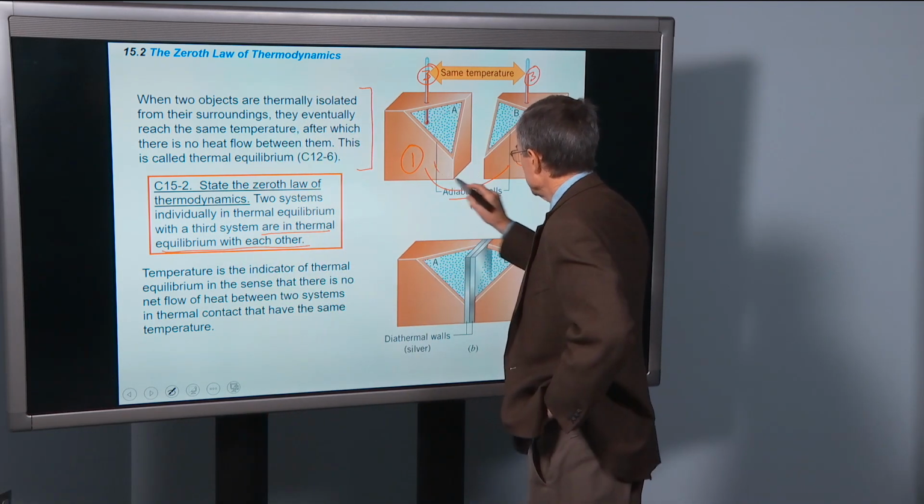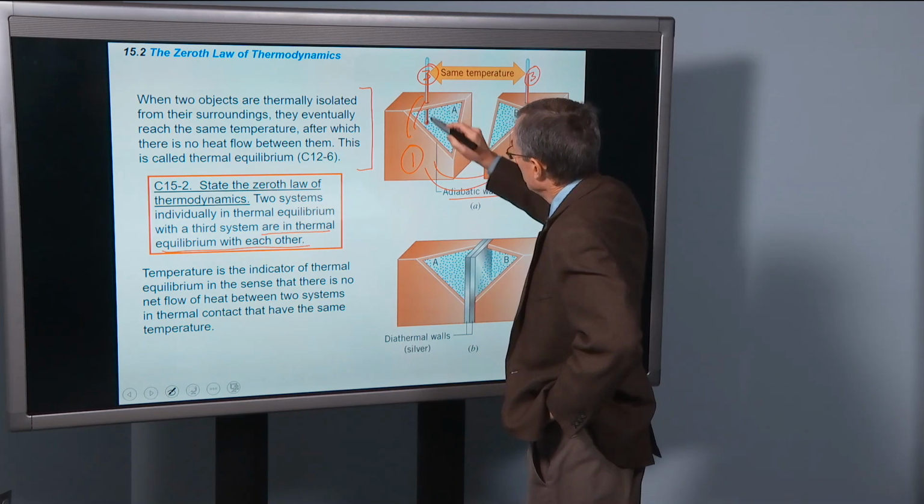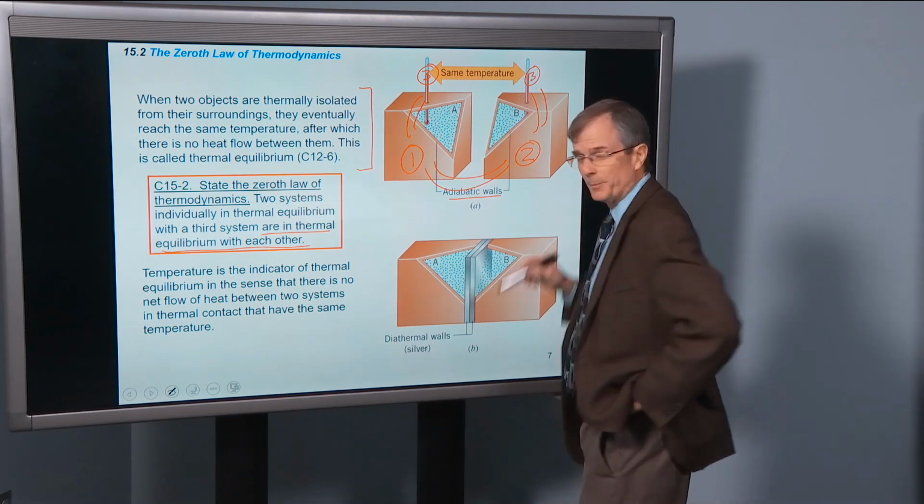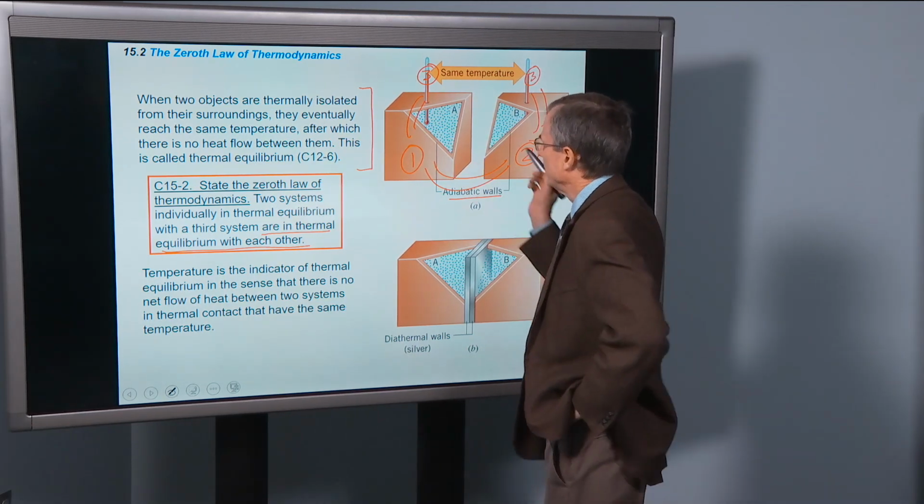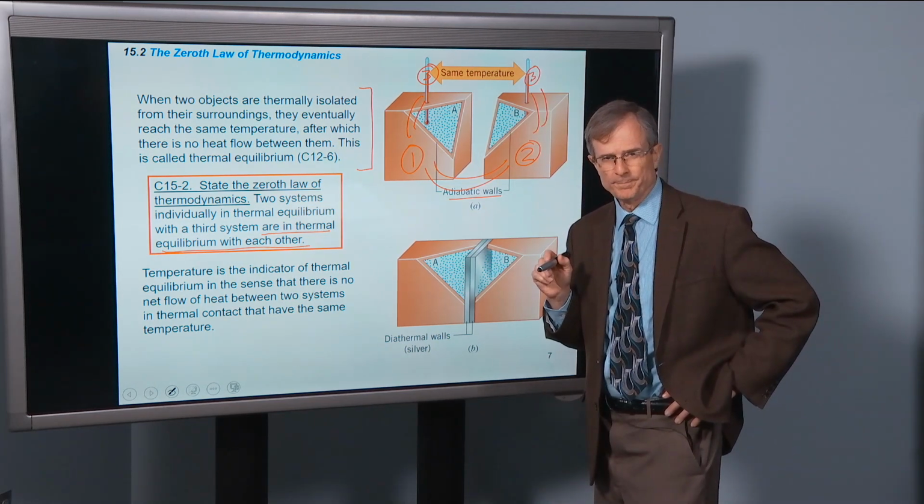So if 1 is in thermal equilibrium with 3, and 2 is in thermal equilibrium with 3, then 1 must be in thermal equilibrium with 2.